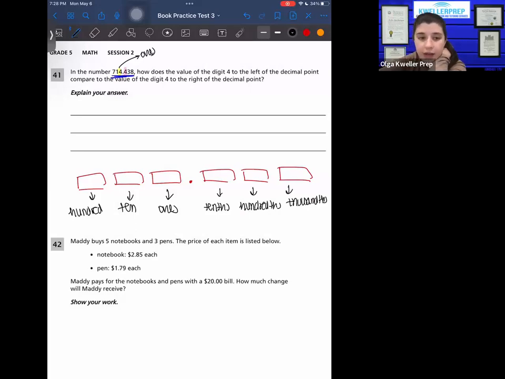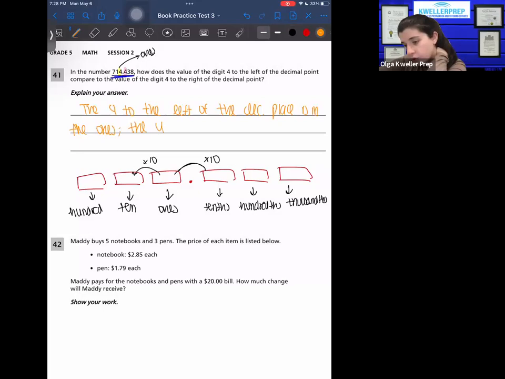So obviously everything after the decimal place is smaller. And the difference in each of these places is by a factor of 10. So to go from 1 to 10 is times 10. To go from 0.1 to 1 is times 10. To go from 0.01 to 0.1 is times 10. So to compare their values, we could say that the 4 to the left of the decimal place is in the ones.